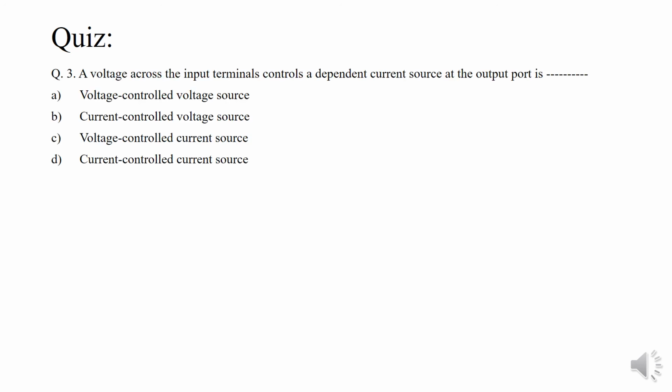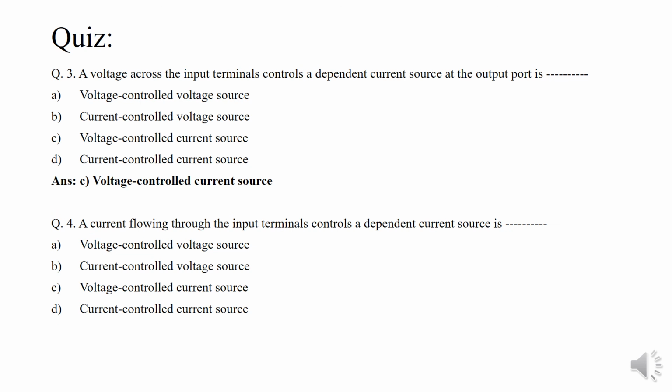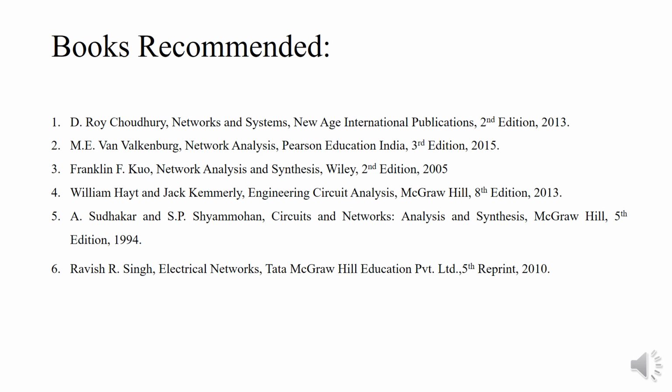A voltage across the input terminal controls a dependent current source at the output port is, yeah, voltage controlled current source. A current flowing through the input terminals controls a dependent current source is, correct, current controlled current source.